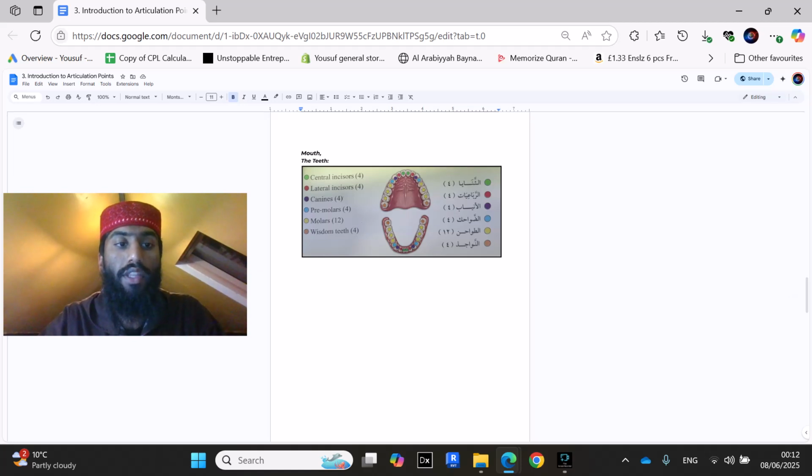Now the teeth are 32 in total. As you can see, we have the central incisors, lateral incisors, canines, which are the sharp parts, premolars, molars, and wisdom teeth. These are useful when it comes to wanting to know what part of the tongue coincides with this part of the tooth.